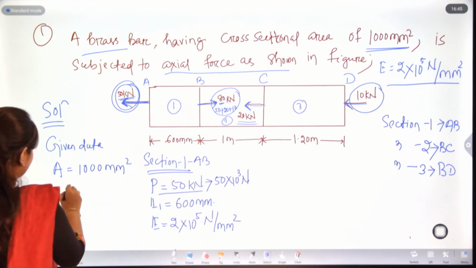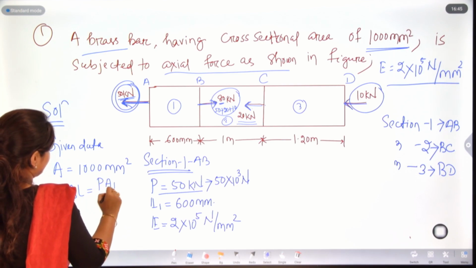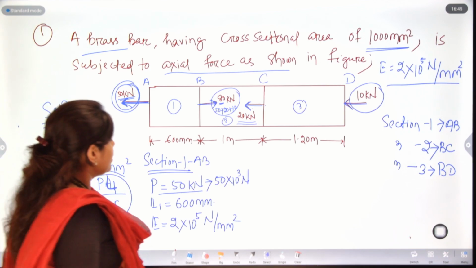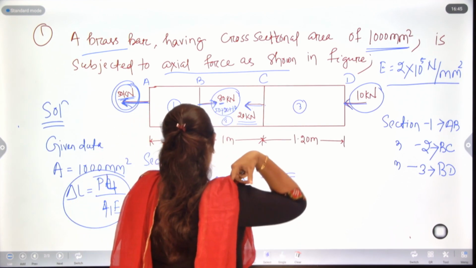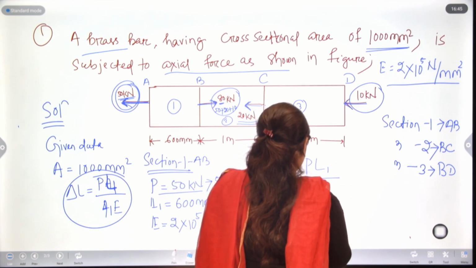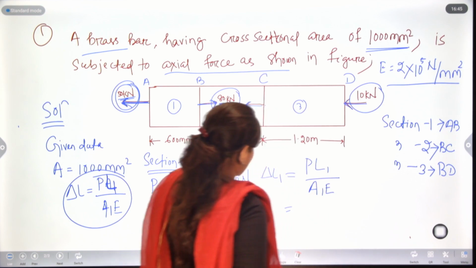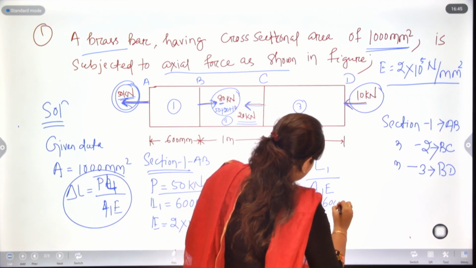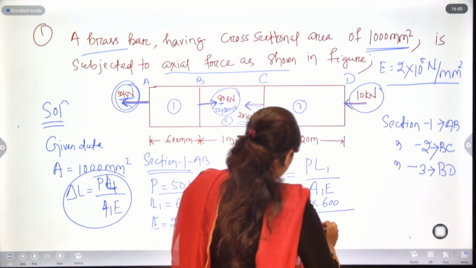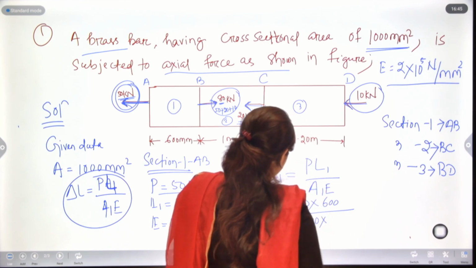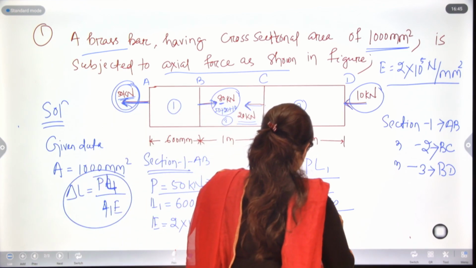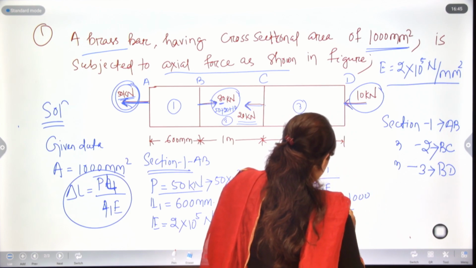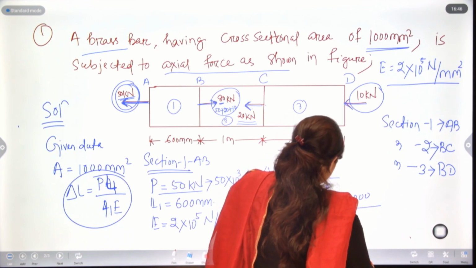We know the formula that del L equals P L1 upon A1 into E. Now, by putting the values for del L1: 50 multiplied by 1000 times 600, upon the area 1000 into 2 into 10 to the power 5.